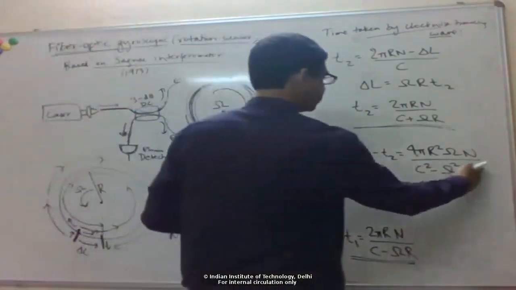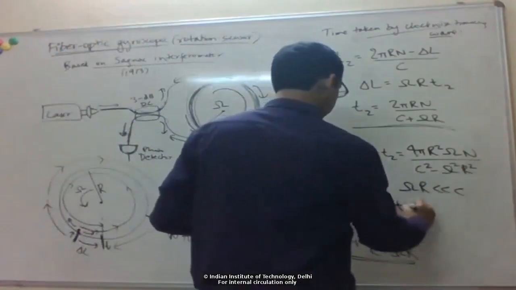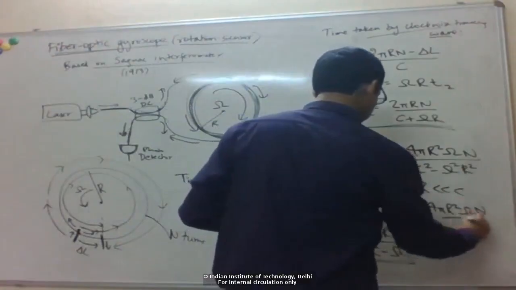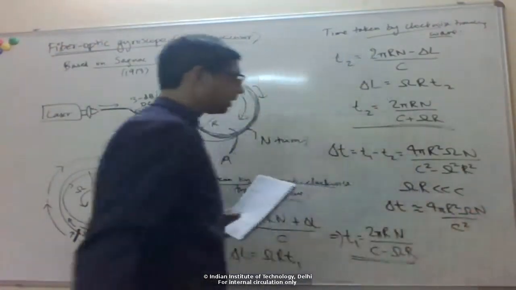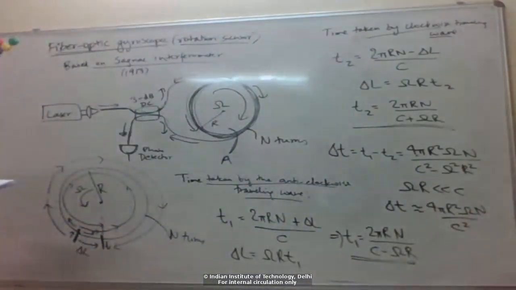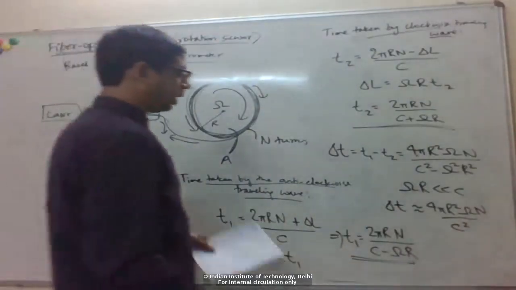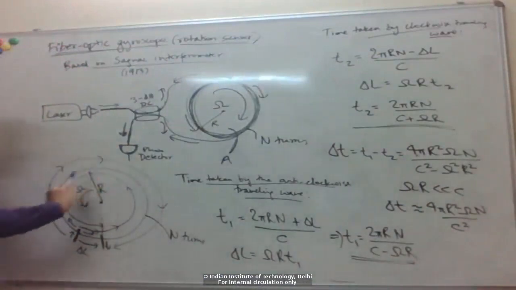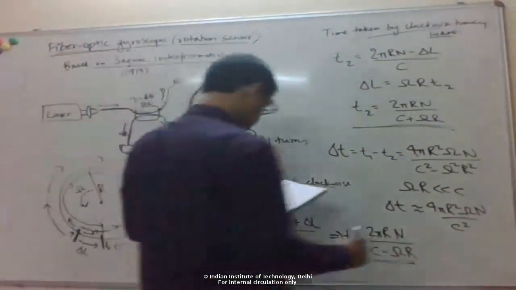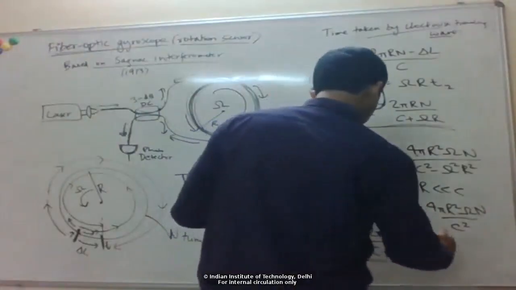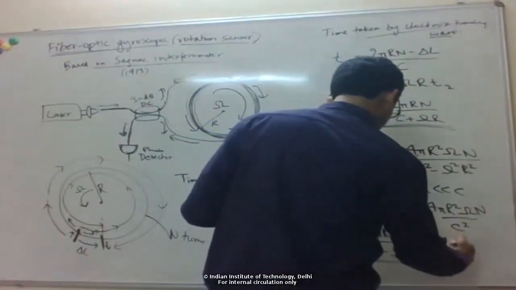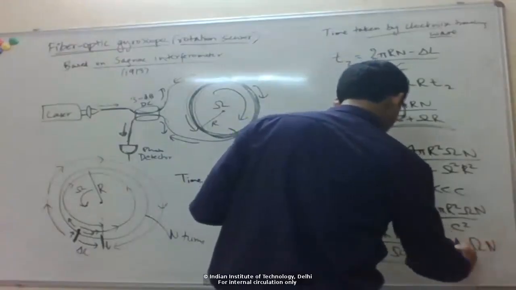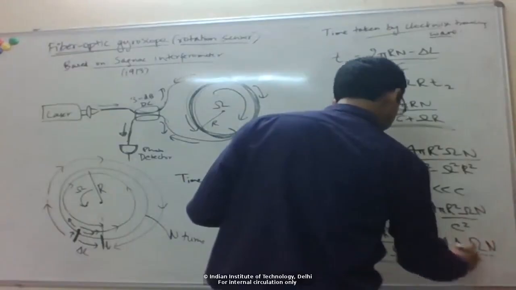So in this denominator we can just neglect this term. So delta t is basically that. And pi r squared here is basically the area of the loop, so I can just write it as 4 times the area times rotation rate times number of turns divided by c squared.